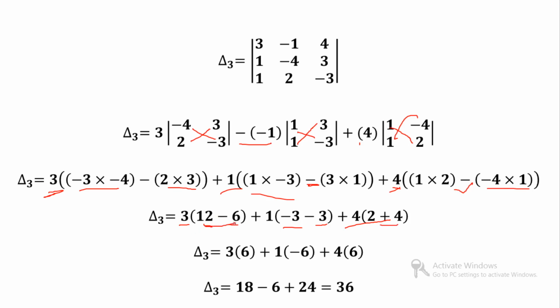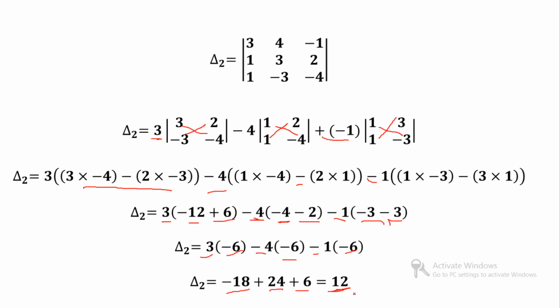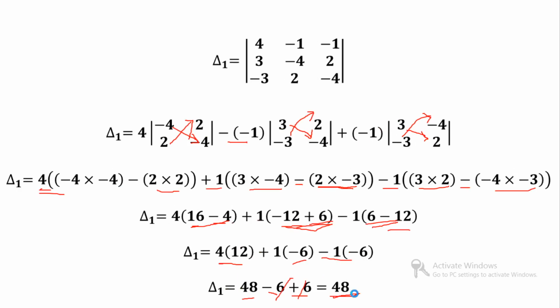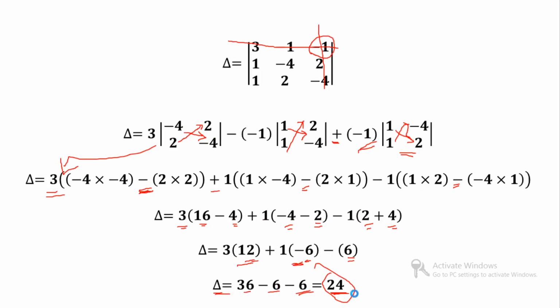Again 12 minus 6 is equal to 6, minus 3 minus 3 is minus 6, 4 plus 2 is equal to 6, multiply with 3 into 6 equal to 18, minus 6 into 1 equal to minus 6, 4 into 6 is 24, so delta 3 will be 36. So this is the way to determine the value of delta 1, delta 2, delta 3 and delta.